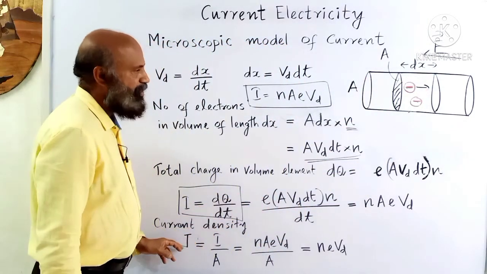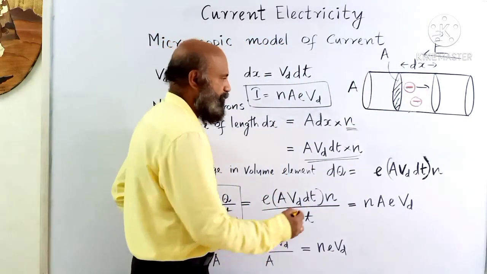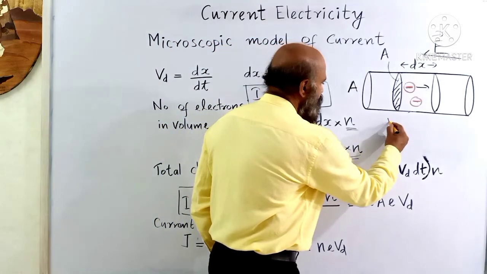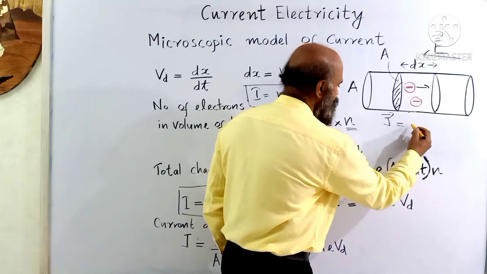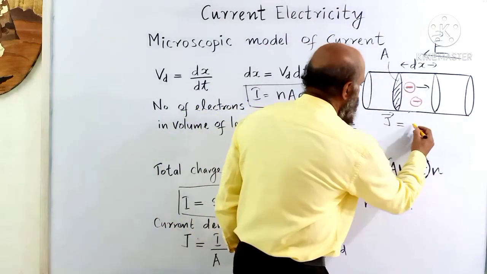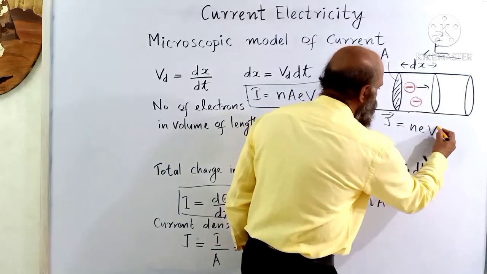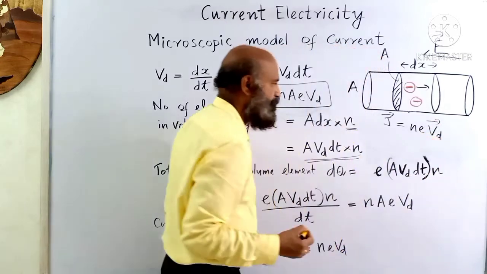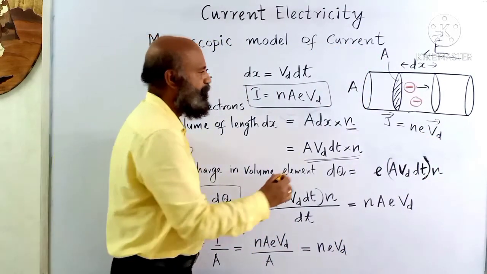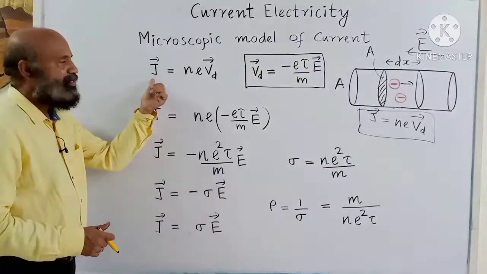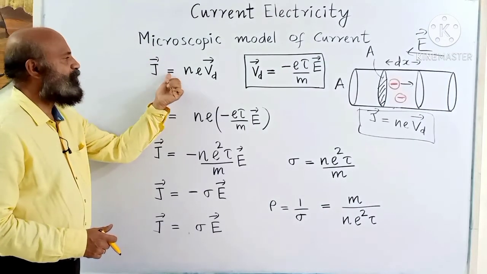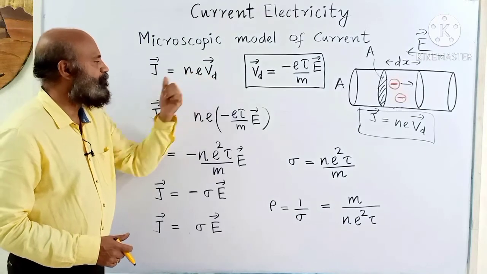But current density is a vector quantity. So in general, we can write J vector is equal to neVd vector.